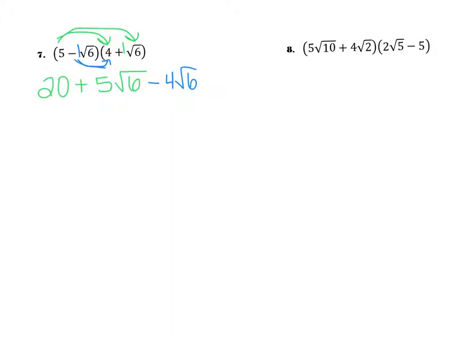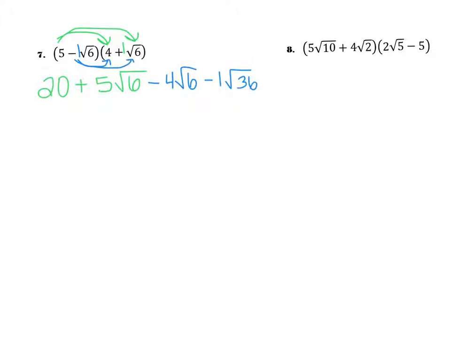And then I'm going to take the negative 1 square root 6 and multiply that by positive 1 square root 6. So the coefficients out in front, negative 1 times positive 1, is going to be a negative 1. And underneath my radical symbol, I have 6 times 6 for 36.